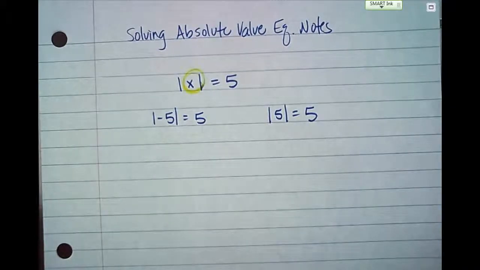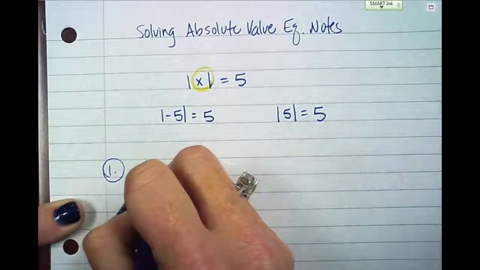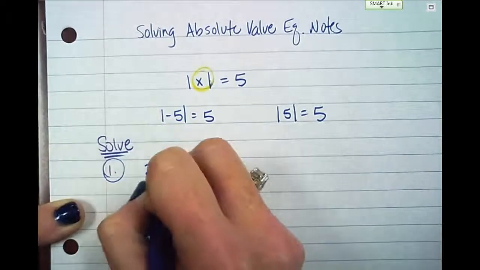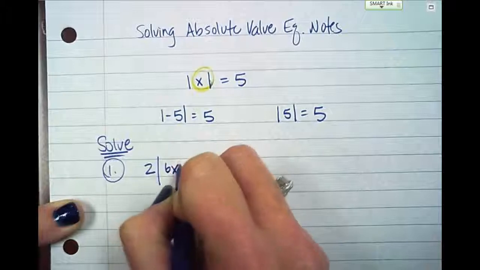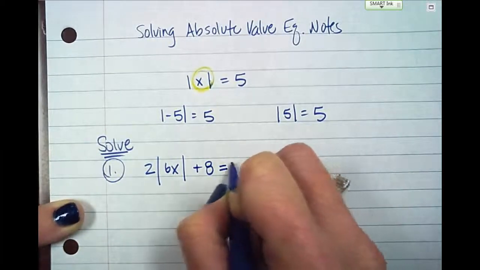If we try a problem, for example, I'm going to ask you to solve it. 2 times the absolute value of 6x plus 8 equals 32.